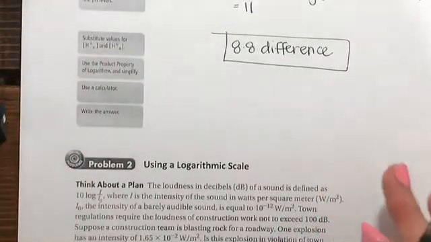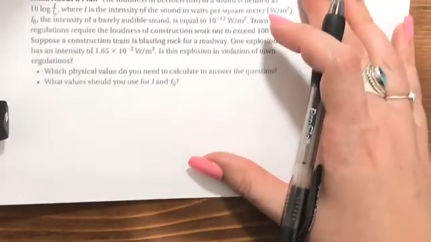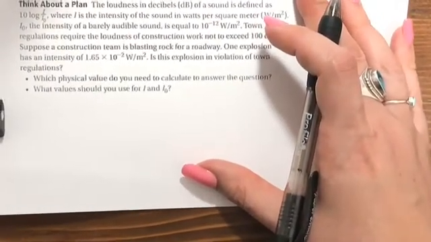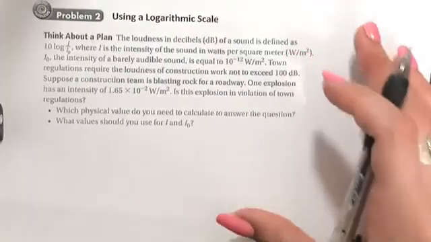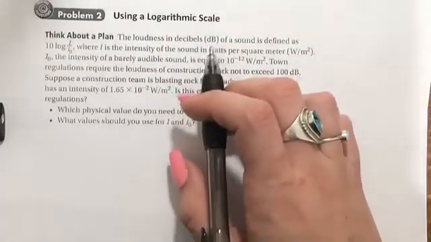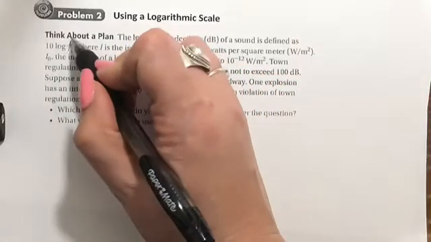Okay. And then the last type of log problems that we're going to look at is with sound, with decibels. They are also based on a log scale. So the loudness in decibels of a sound is defined as this formula right here.